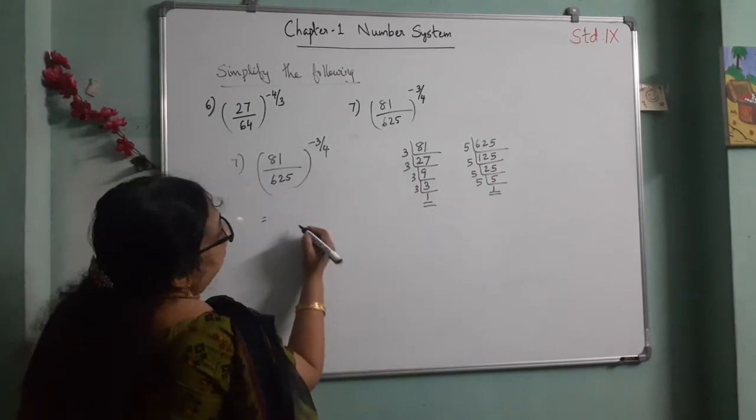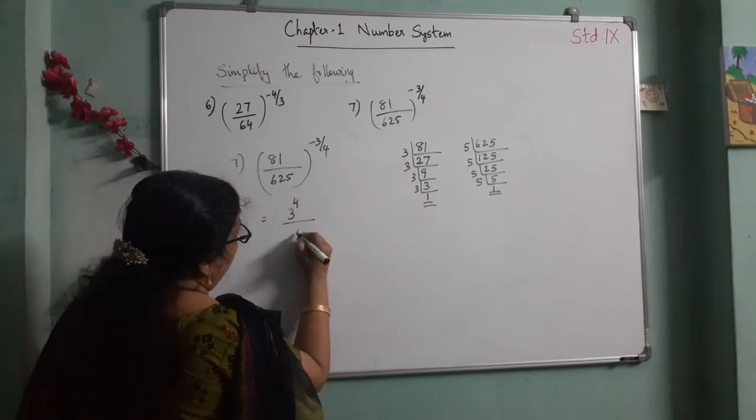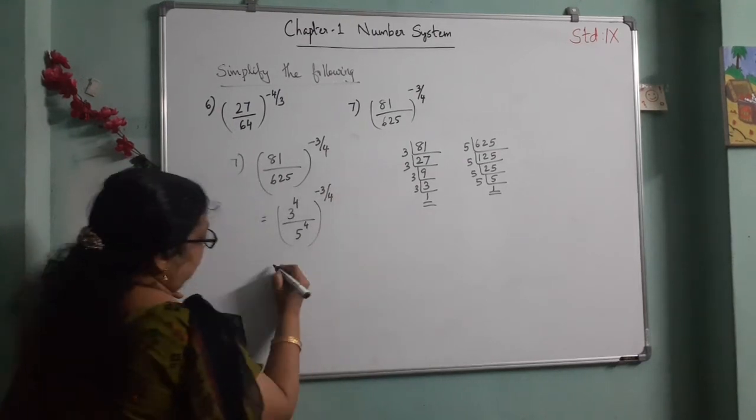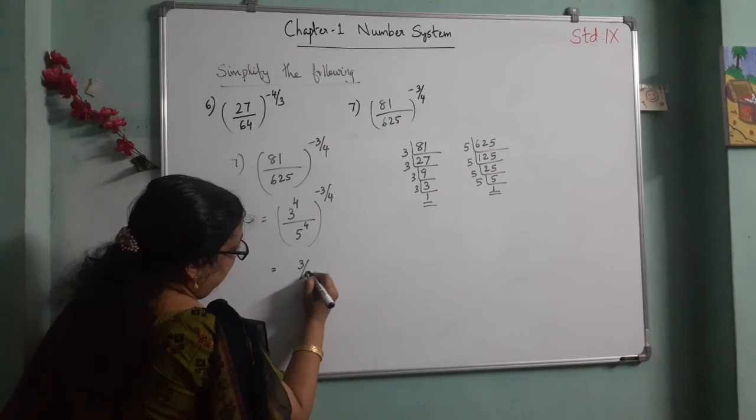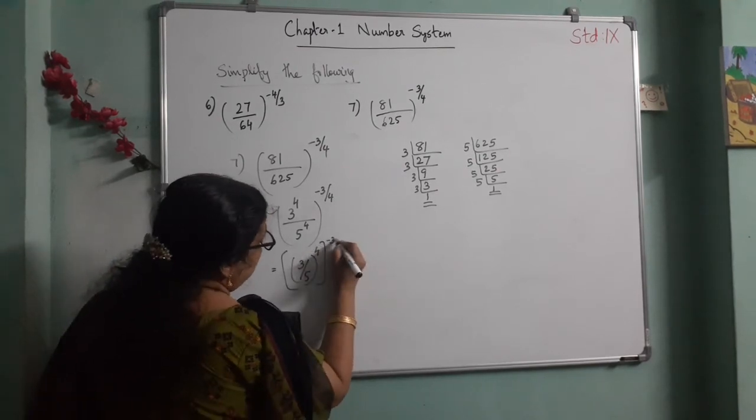So this can be written as 3 raised to 4 divided by 5 raised to 4, the whole raised to minus 3 by 4. So this can be written as (3/5) the whole raised to 4, then the whole raised to minus 3 by 4.